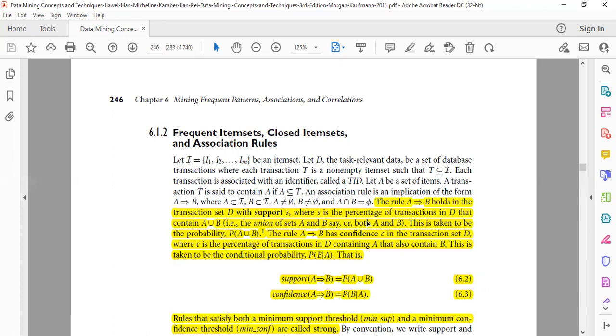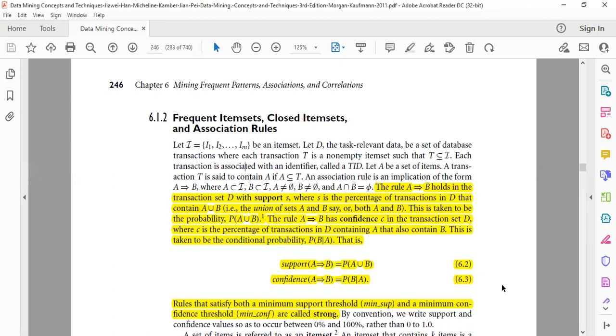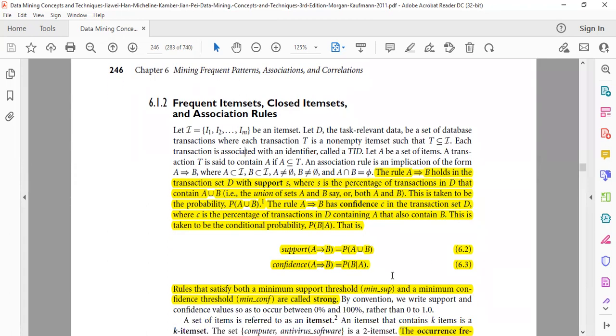If A is there, then out of those transactions, in how many has item B been purchased together. Mathematically, support and confidence can be represented by equations 6.2 and 6.3. As we have learned earlier, these rules are called strong rules if they satisfy the minimum support threshold and minimum confidence threshold values.